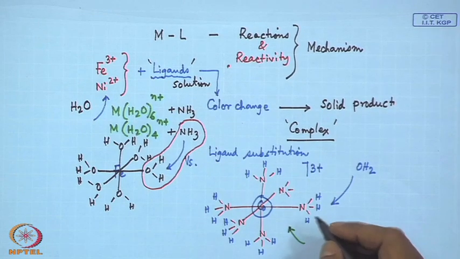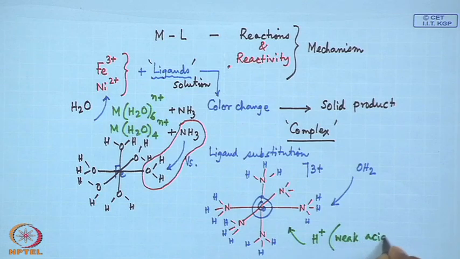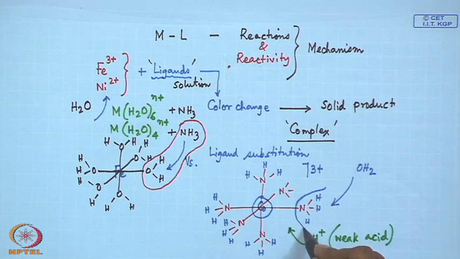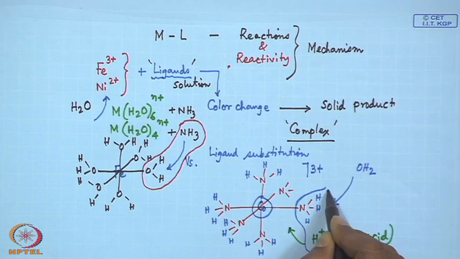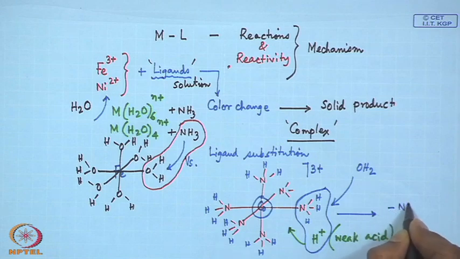For that we can check the corresponding reactivity pattern with some proton donor, that means some acid or some weak acid. If we have some weak acid in our hand, the very interesting reaction is that this particular proton will come and take out these NH3, as NH3 plus H plus, and we will lose some ammonium ion.